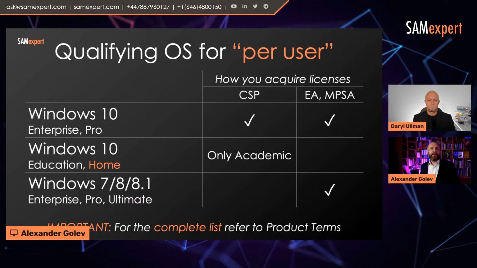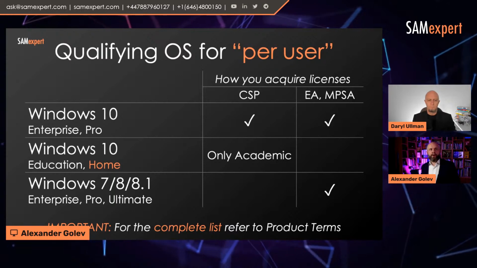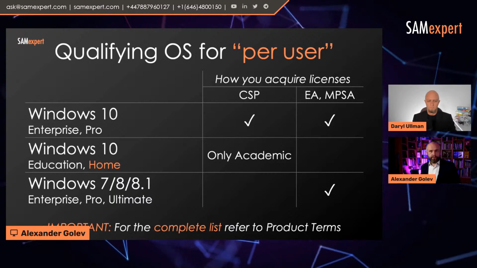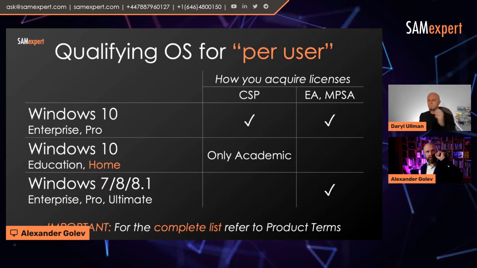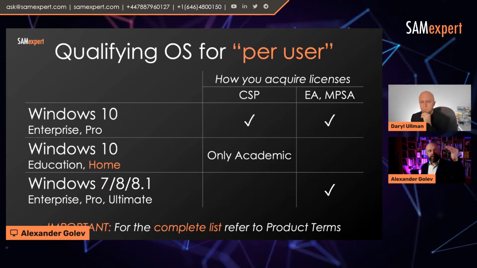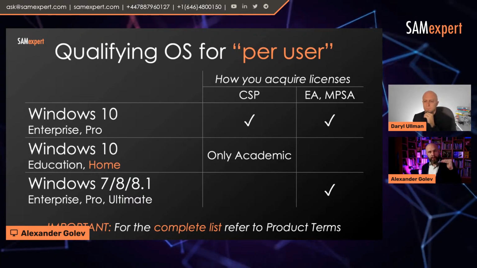That's the third one. You may only upgrade from Enterprise or Professional edition per device. So you switch to per user from per device. You may only upgrade from Enterprise per device or Pro. And that also applies to Windows 7, Windows 8, and Windows 8.1.